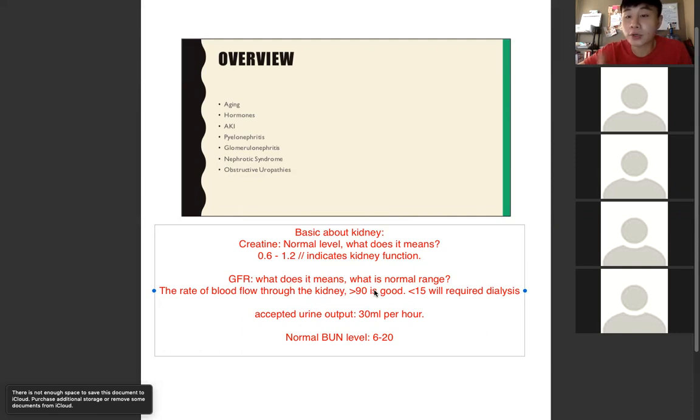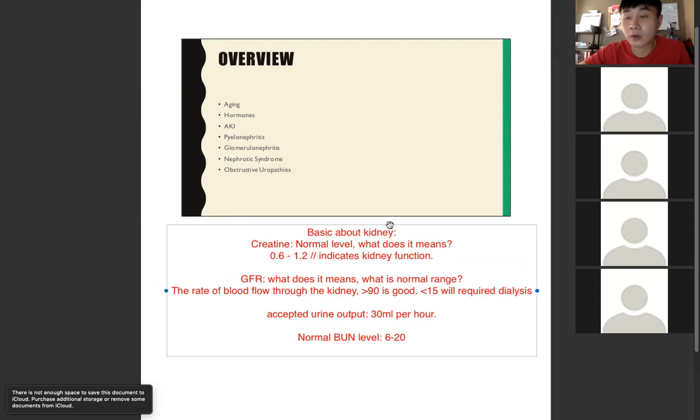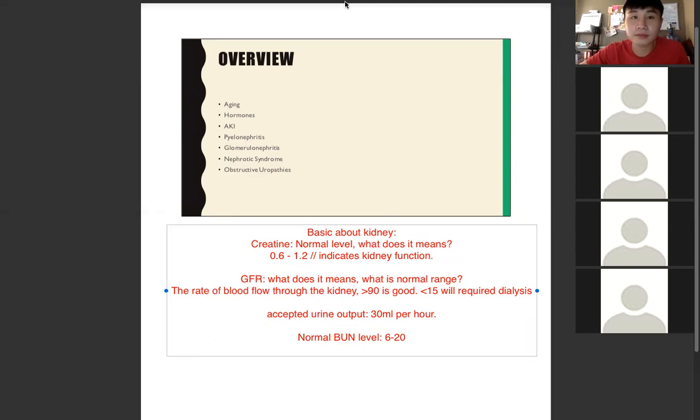And if it does not produce any urine, all of those toxins in the body, which are supposed to be excreted via the urine, will stay and be retained inside the body and cause all these issues for the body, like acidosis and everything. So the lower the GFR number, the worse. The higher the creatinine number, the worse. And the same with BUN, the higher the BUN number, the worse. Okay, everyone's good?